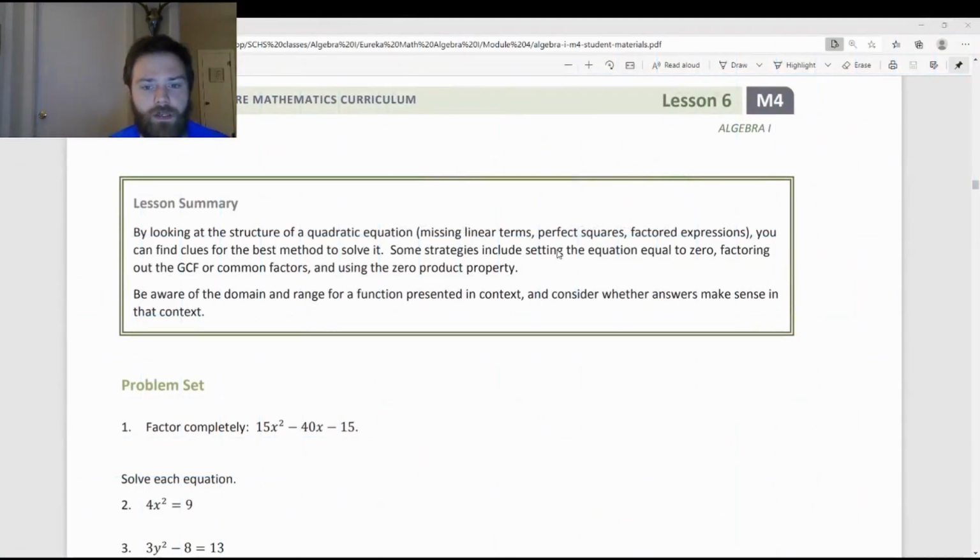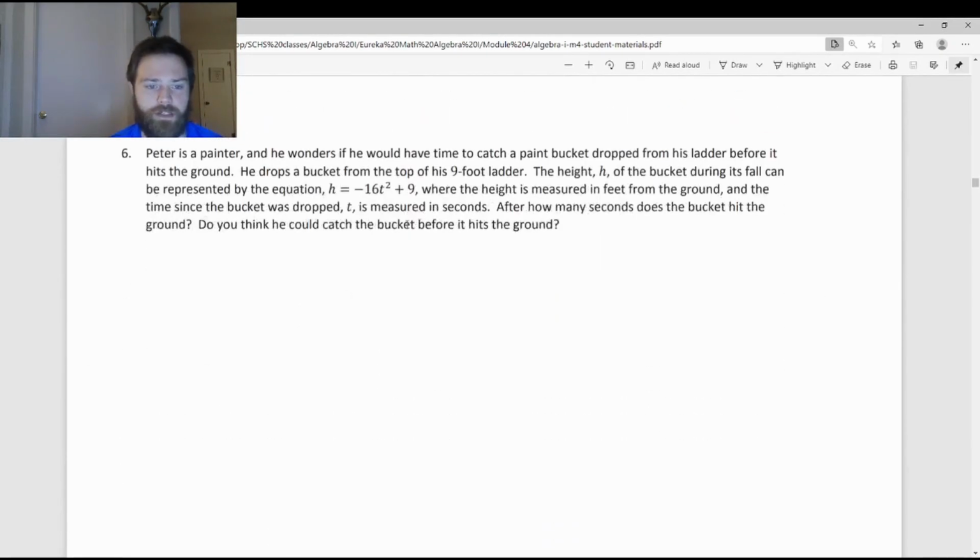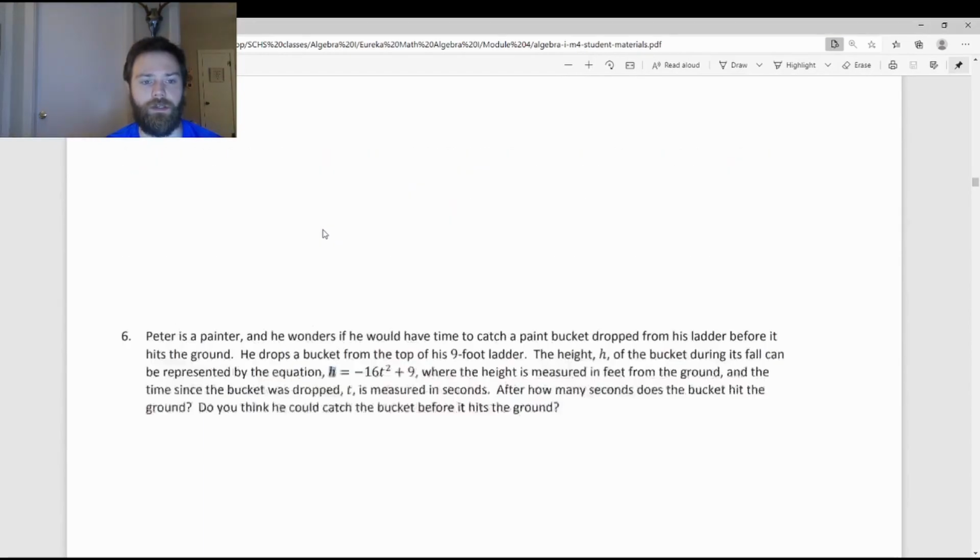And then be aware of the domain and range for a function represented in context and consider whether answers may make sense in that context. And that's just kind of recapping some of these other things. Like down here, this paint bucket, time is non-negative, okay? And if you think about it, height is probably non-negative too, because if I go negative, I'm in the ground.